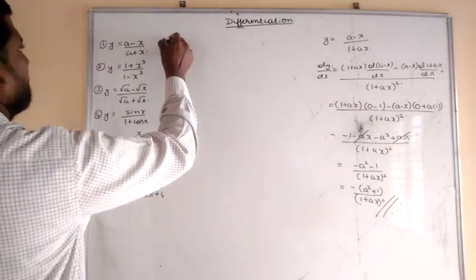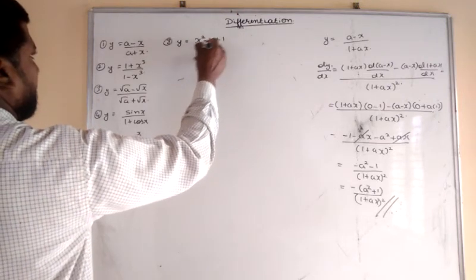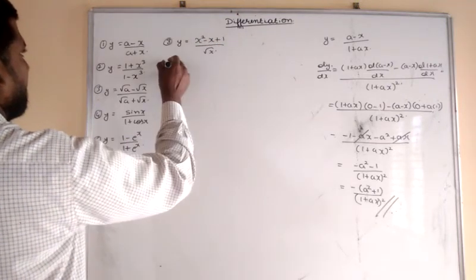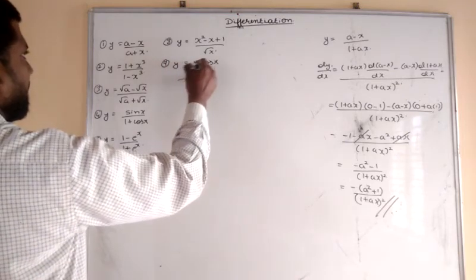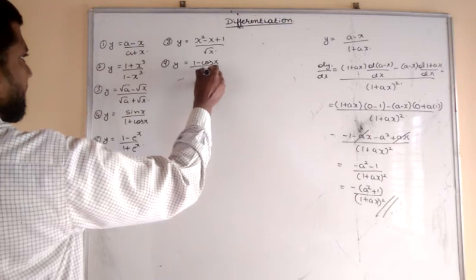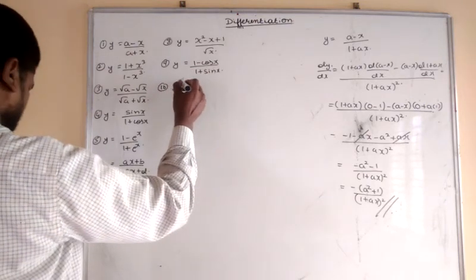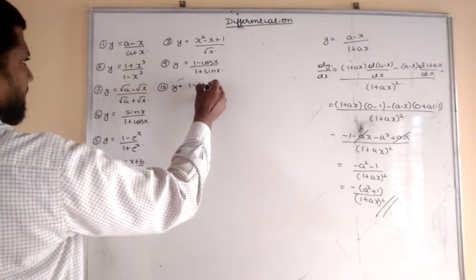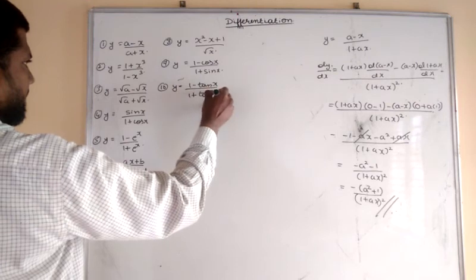Next, eighth one, y is equal to (x square minus x plus 1) by root x. Then ninth one, y is equal to (1 minus cos x) by (1 plus sin x). Then next 10th one, y is equal to (1 minus tan x) by (1 plus tan x).